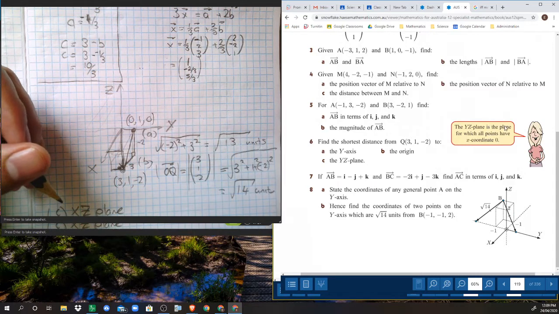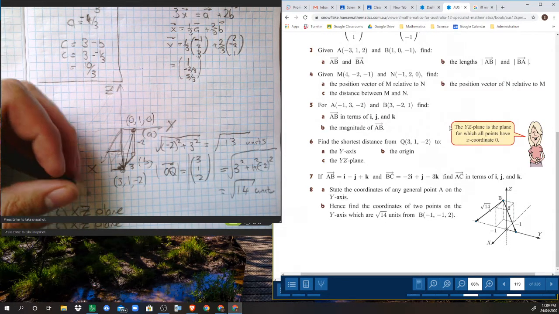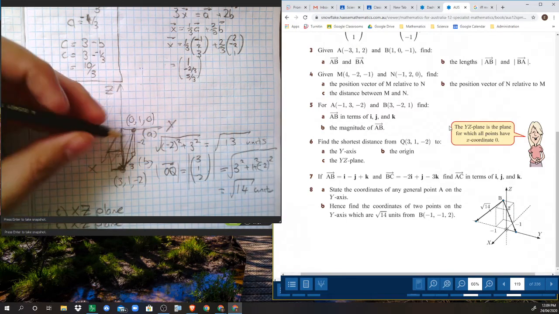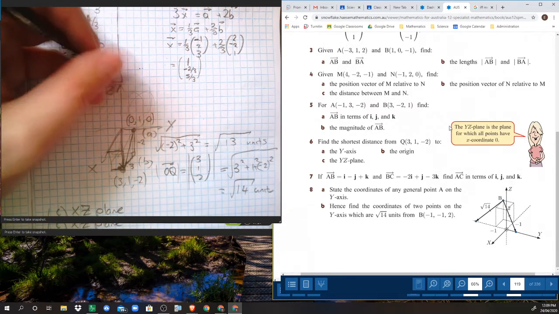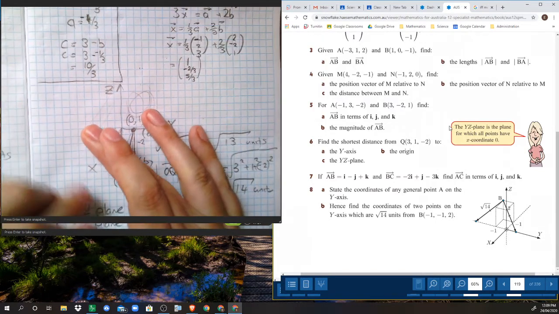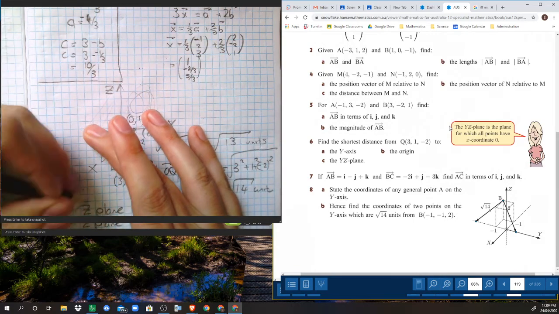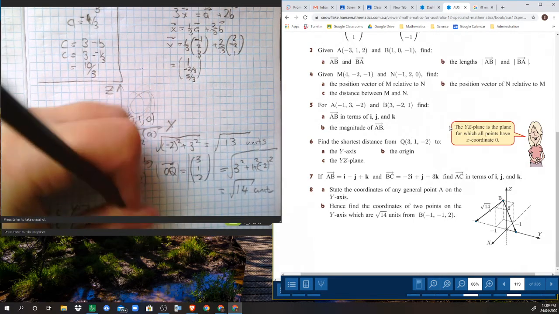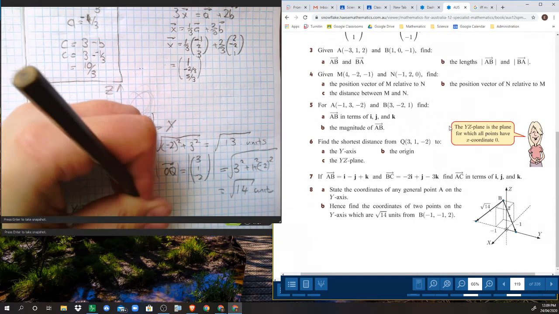The XZ plane is a plane for which all points have an x. Sorry, the question was actually the YZ plane. My bad. The YZ plane. So there's this surface here. Rub that out. YZ plane. Okay, and that's where the x coordinate equals 0.